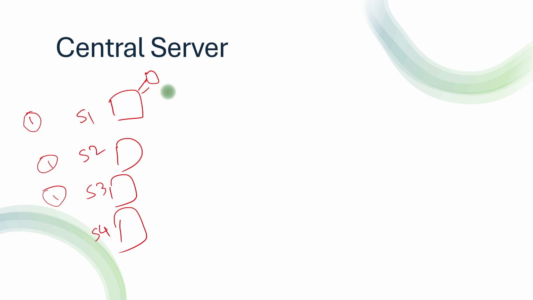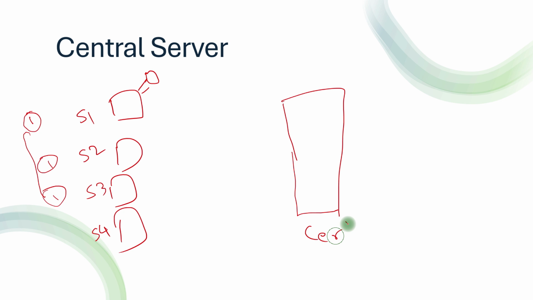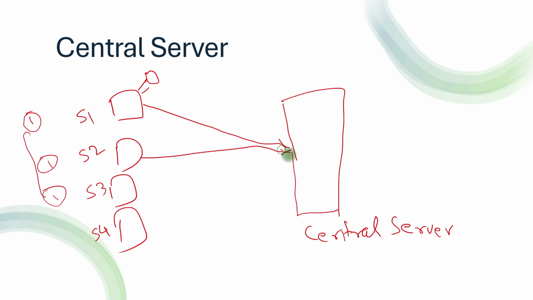So if somehow we can have that increment option delegated to a central server to have that unique ID generation, all the services are expected to connect to this one.